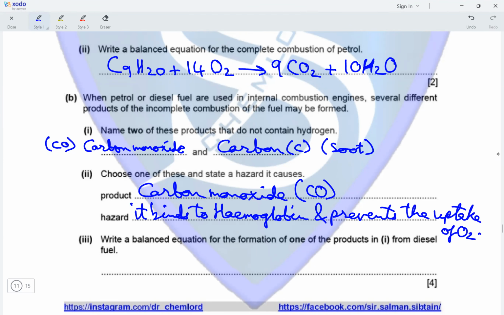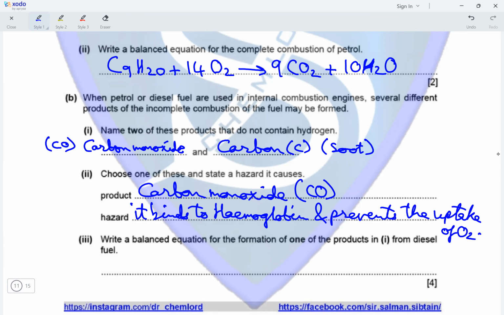So, if humans are exposed to a large quantity of carbon monoxide, they would die by suffocation because carbon monoxide binds to hemoglobins with a 200 times more affinity than oxygen. That means if the carbon monoxide molecule is attached to hemoglobin, it cannot be replaced by an oxygen molecule ever.